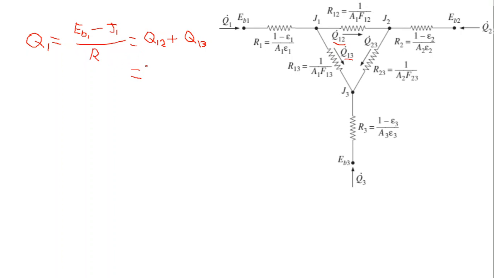What is the value of Q12? As you can see from this diagram, Q12 flows from J1 to J2, so Q12 will be equal to J1 minus J2, divided by R12.